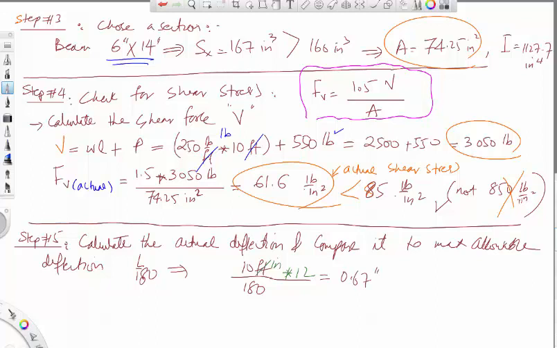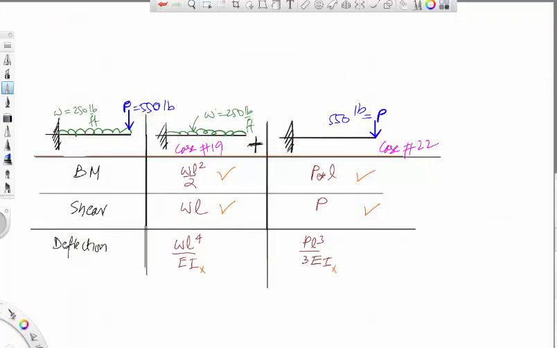Now again, to get the value for the deflections I need to go to the chart. If you look at the charts here on page 2, it says the maximum deflection for uniform load is this much.